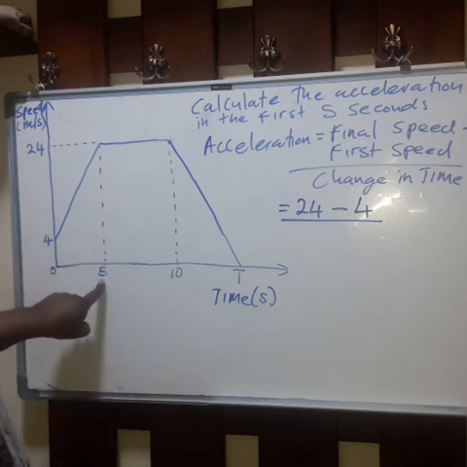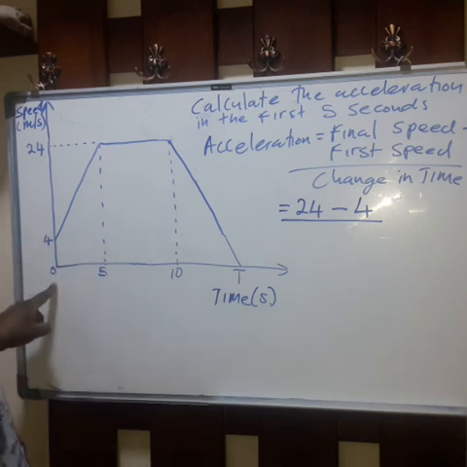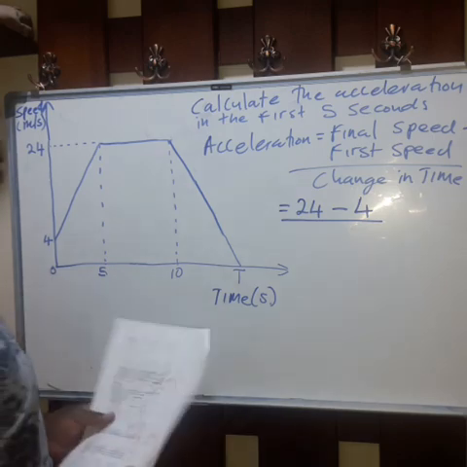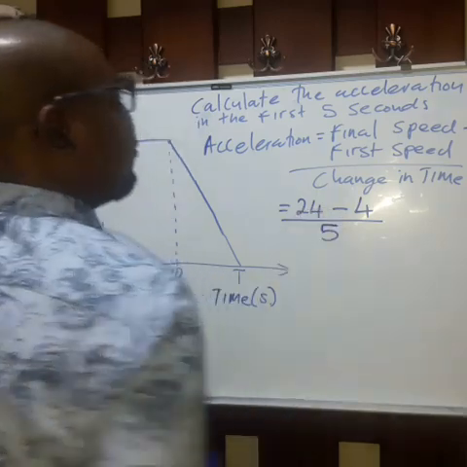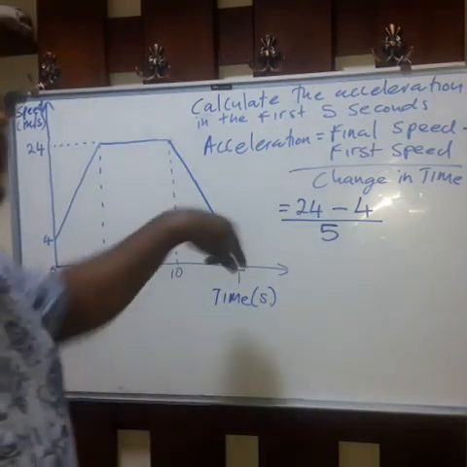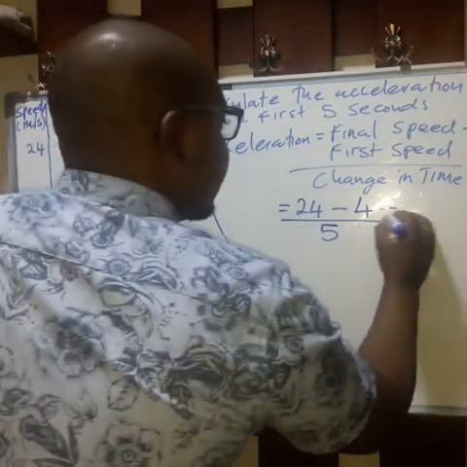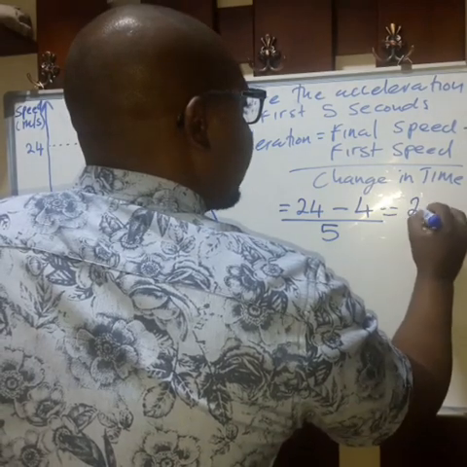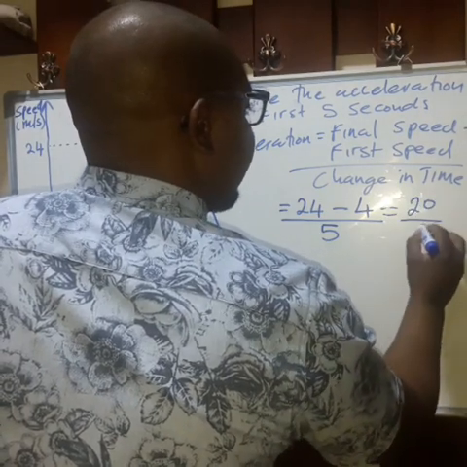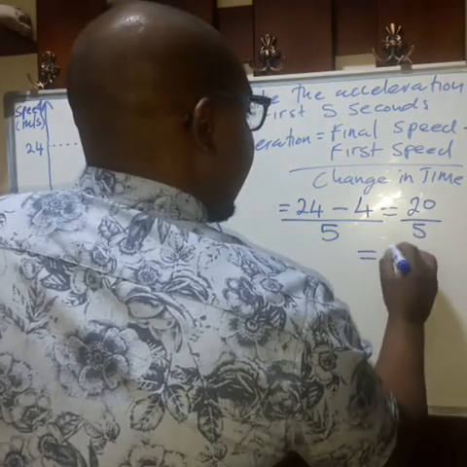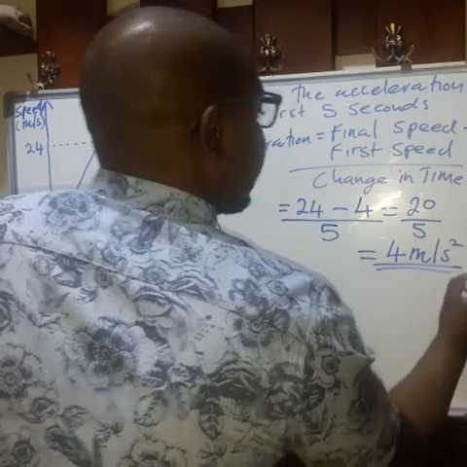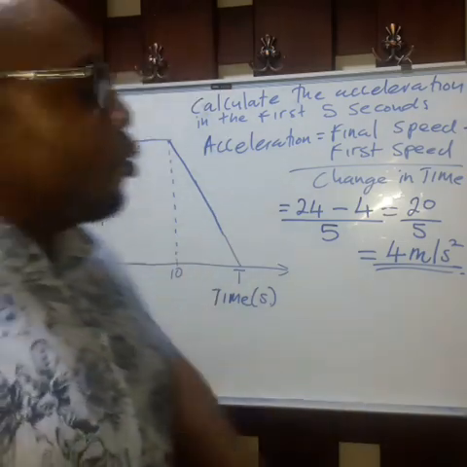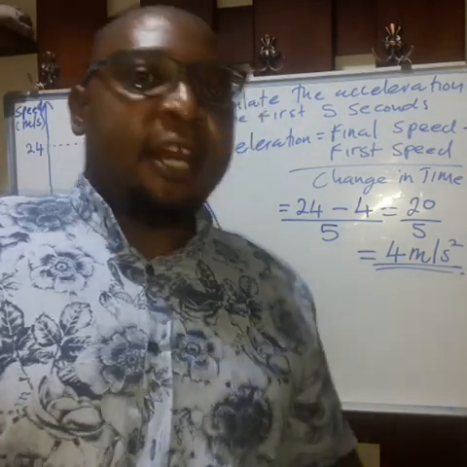Final time is 5, and initial time here we've got 0, so we get a change in time of 5 seconds. Subtracting the top part, 24 minus 4, I get 20, and at the bottom I've got 5. Therefore my acceleration is 4 meters per second squared. This is how we calculate acceleration.